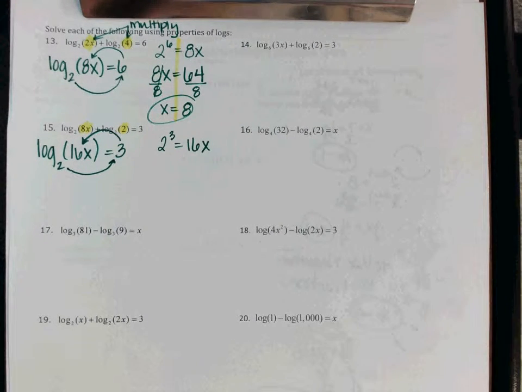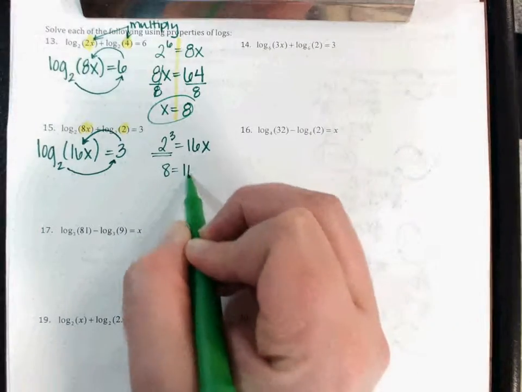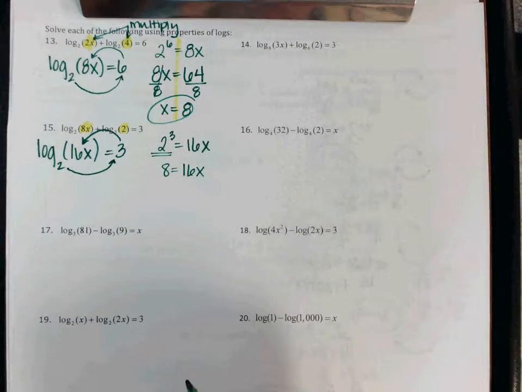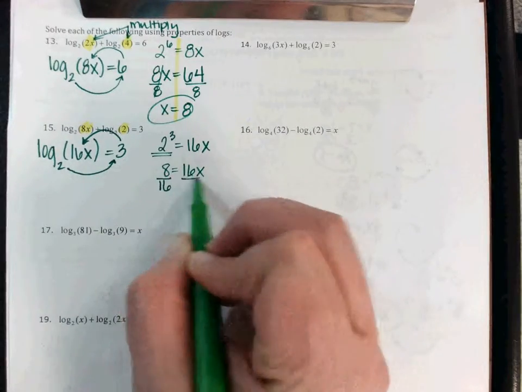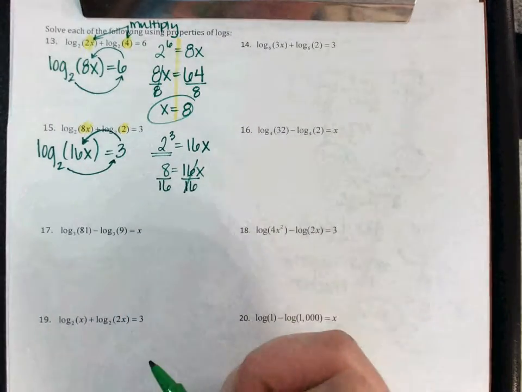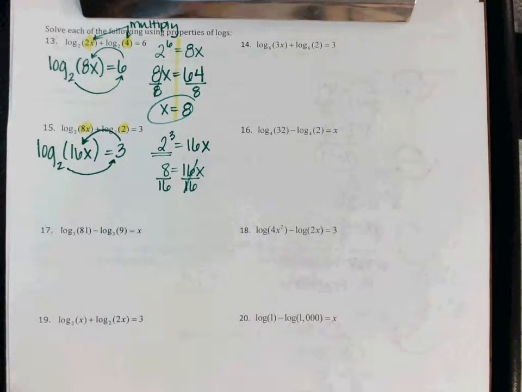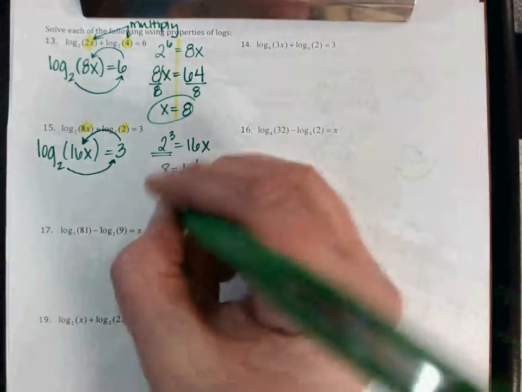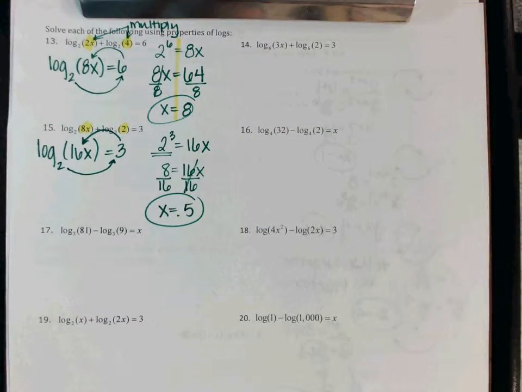So 2 to the 3 is equal to what in the calculator? 8. And if 8 is 16x, what do I divide by in the next step? 16. Close. Divided opposite. 8 on top, 16 on bottom. 0.5. Very good. Okay? Alright, go down to the next one, please.